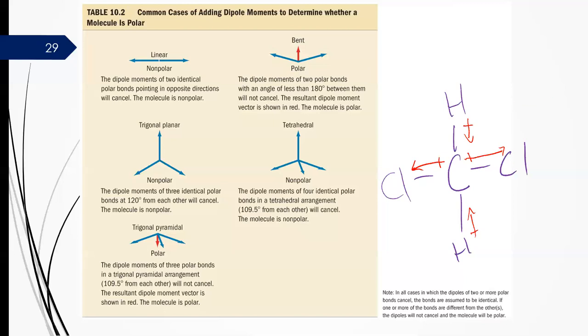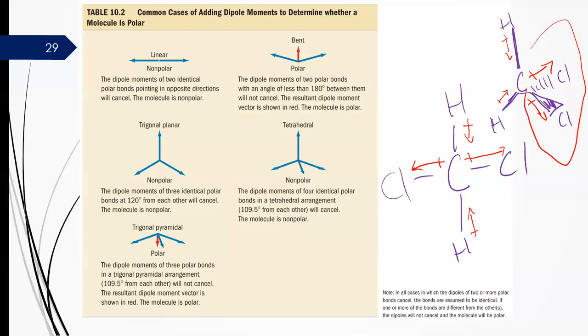When we go back and look at this 3D shape, it really looks like it should be a tetrahedral. And so we get some separation here, as there's this imbalance towards this right-hand side. And so we really are a polar molecule because of its 3D shape.